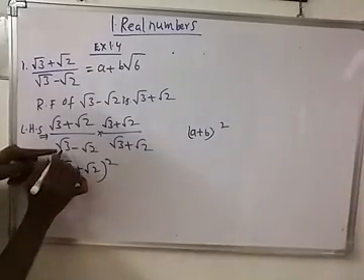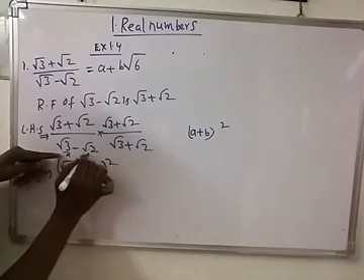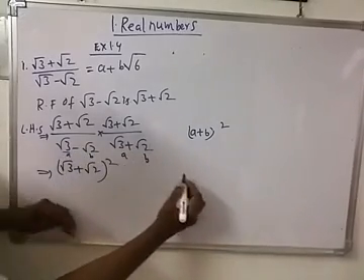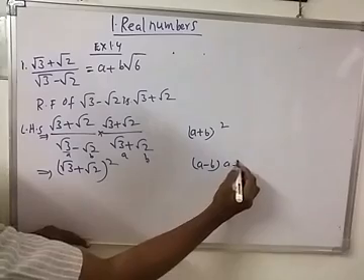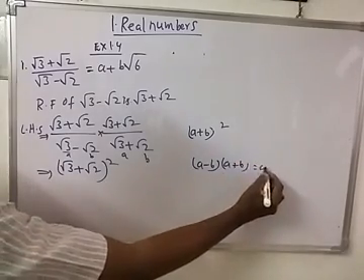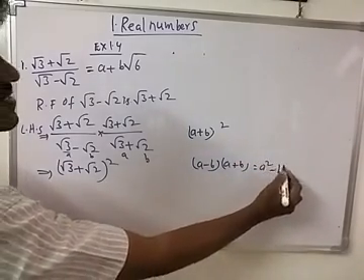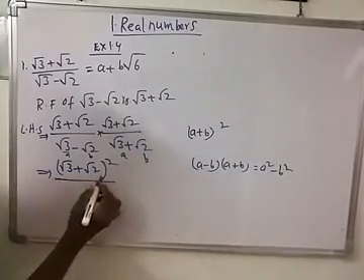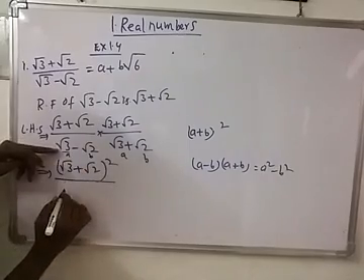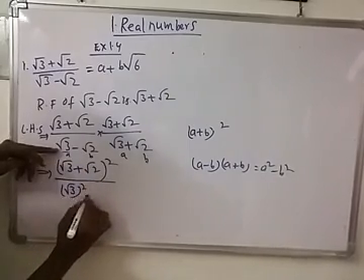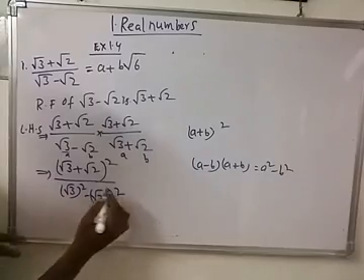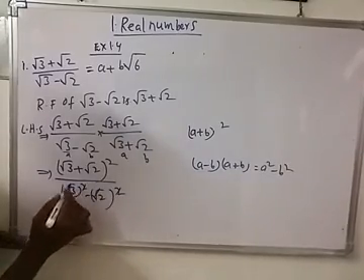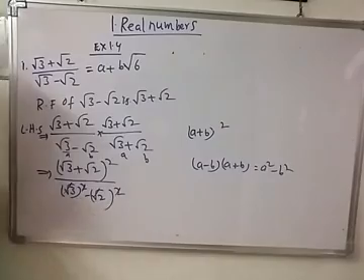In the denominator, it is in the form of (a minus b) into (a plus b), which equals a square minus b square, where a is square root 3, that is (square root 3) whole square, minus b is square root 2, that is (square root 2) whole square. Here the square roots cancel, so 3 minus 2 remains. 3 minus 2 is 1.